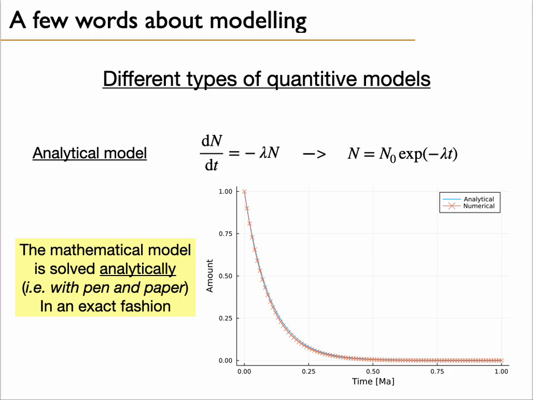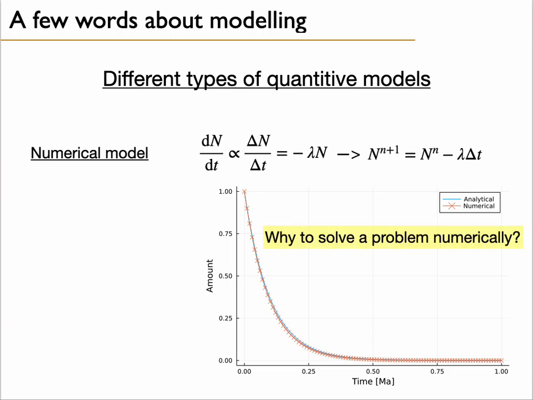So it's an exact model. But of course, it can only be applied to fairly simple physical systems. Then there are numerical models. The numerical models are an approximation of the mathematical model, of the exact model.